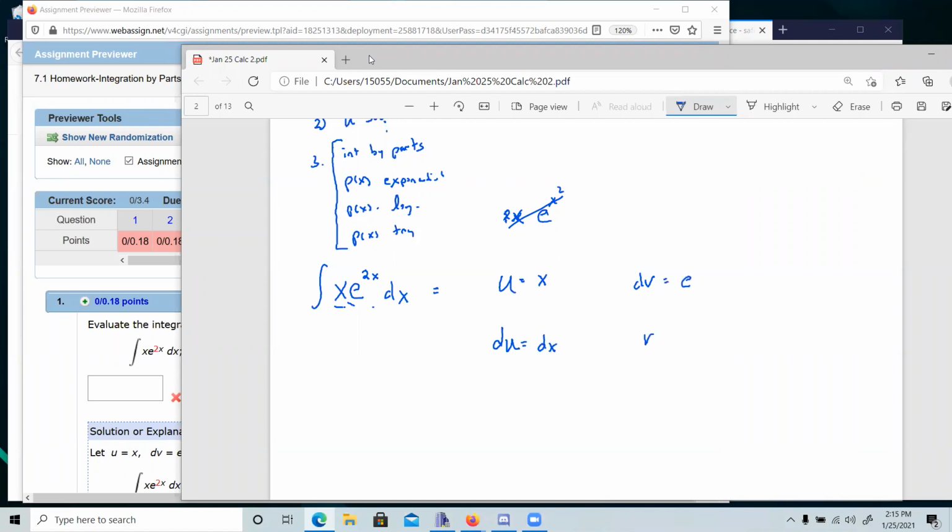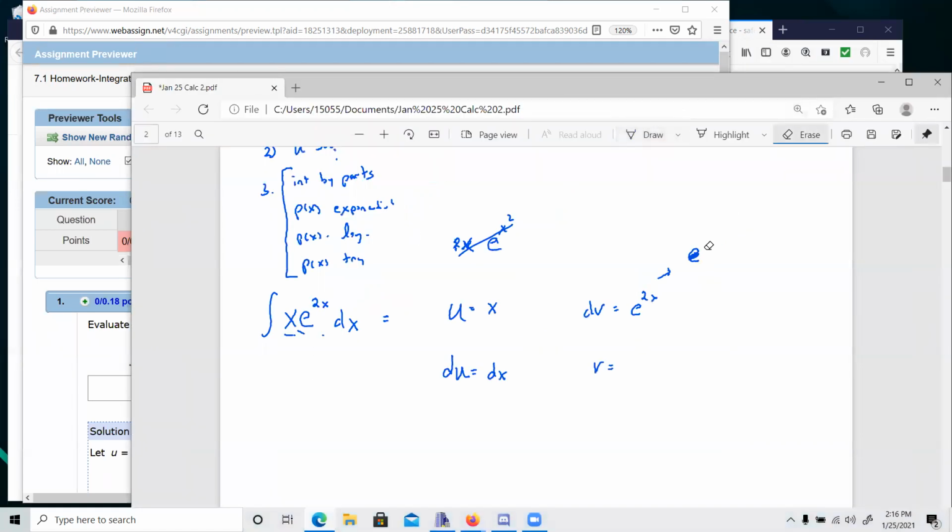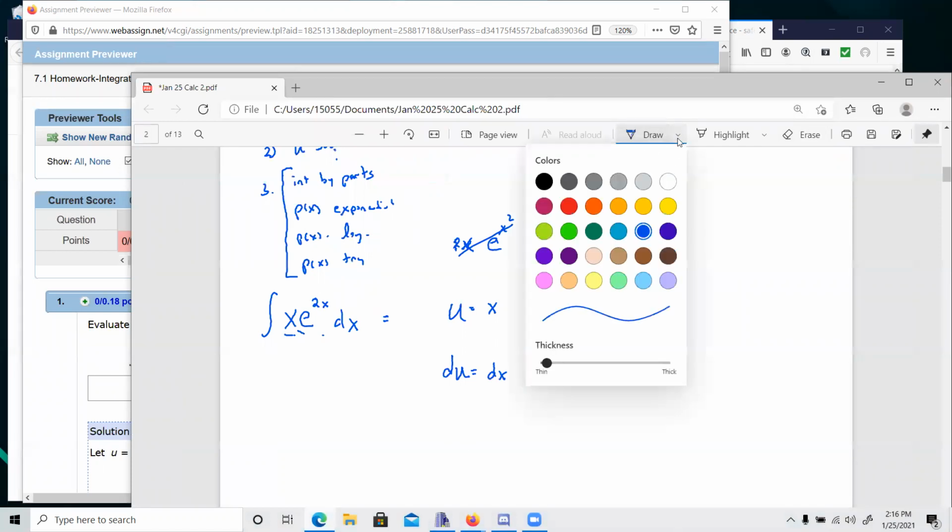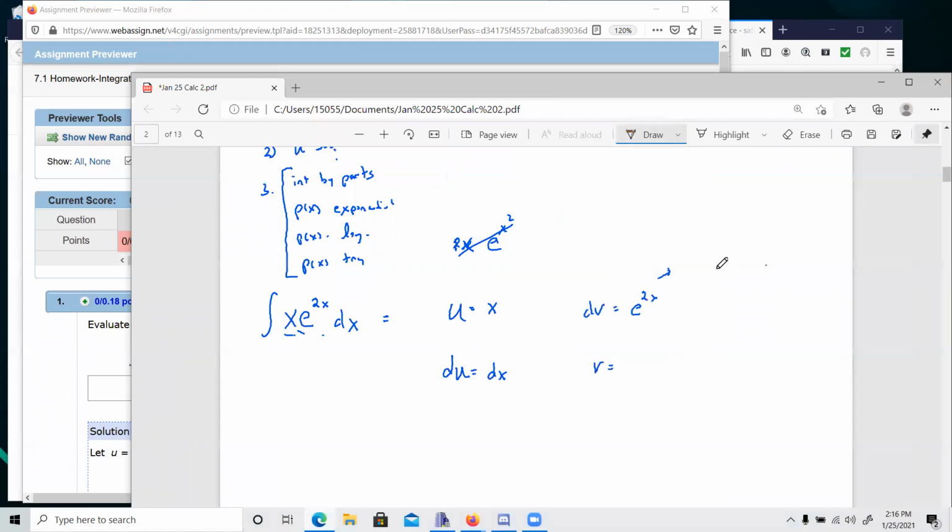Now for dv, e to the 2x, when I integrate this, if you have to go off to the side here and say, let t equal 2x, and dt is equal to 2 dx, you're going to do this because I'm multiplying by 1, or, sorry, and now you've done 1/2 integral of e to the t dt, 1/2 e to the t, which is 1/2 e to the 2x.